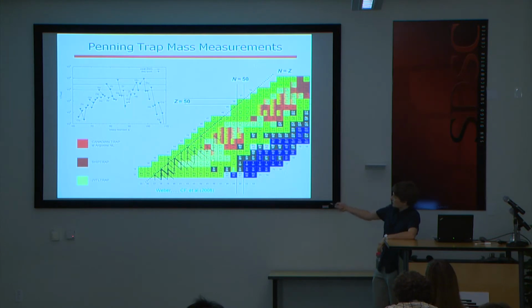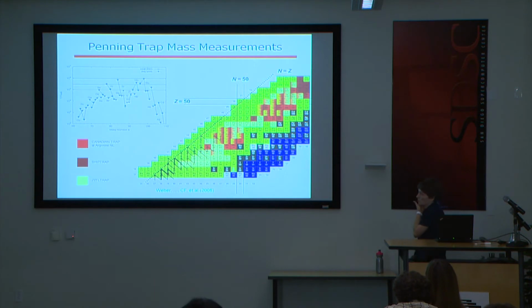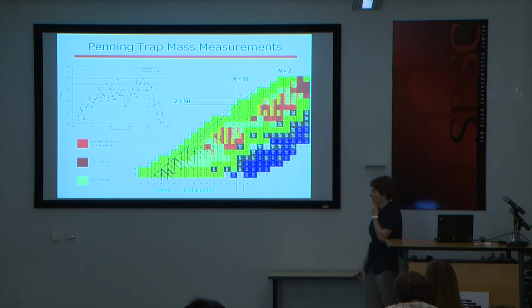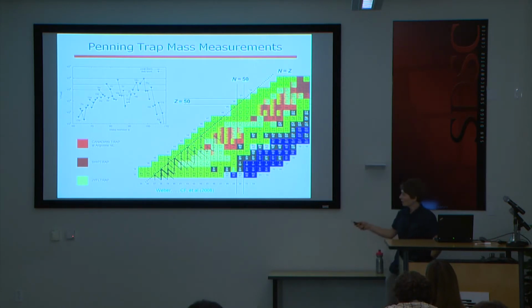So most of these masses that have been measured here were very close to the theoretical predictions from the atomic mass evaluation, but some of them were quite different. And so what we did here is we did new p process nucleosynthesis calculations, once using rates based on the theoretical masses and once using rates based on these newly measured masses here. And so this is what is shown in the top left corner here.